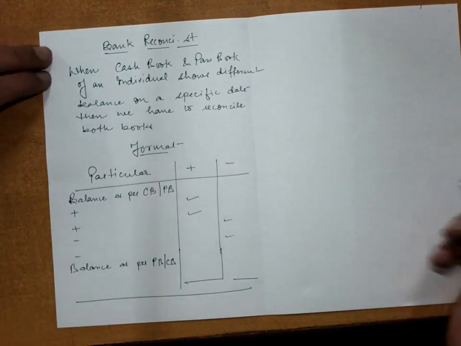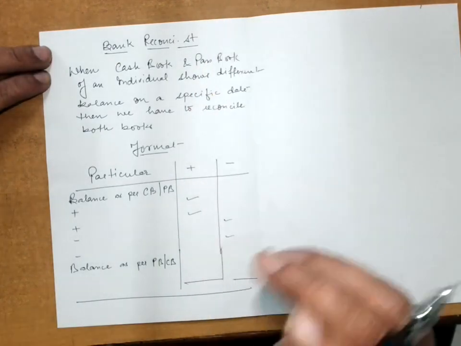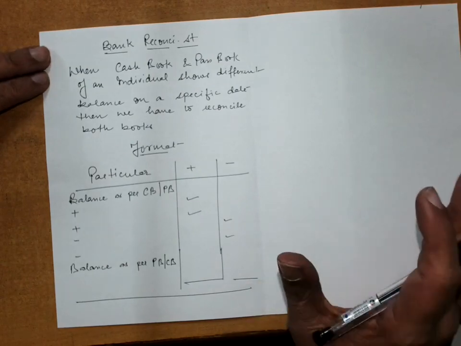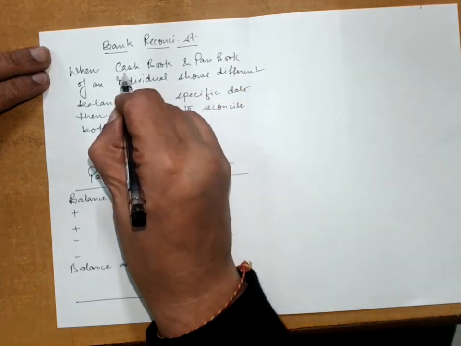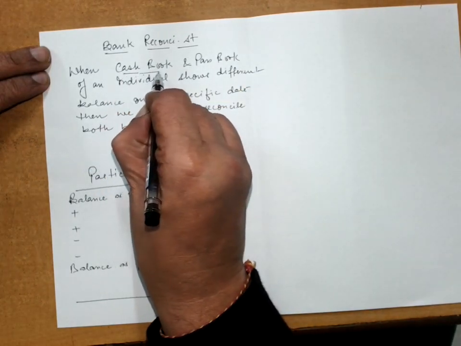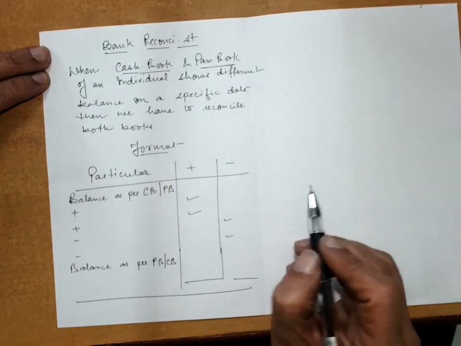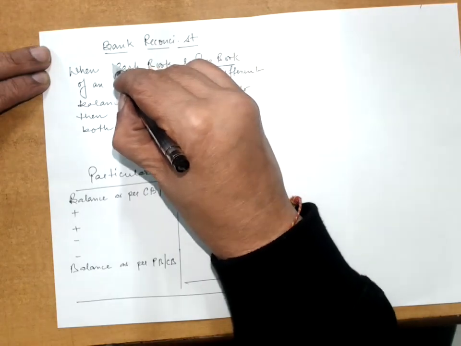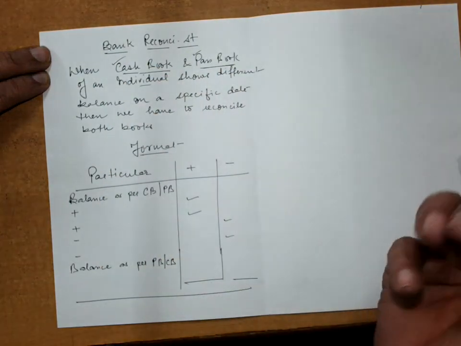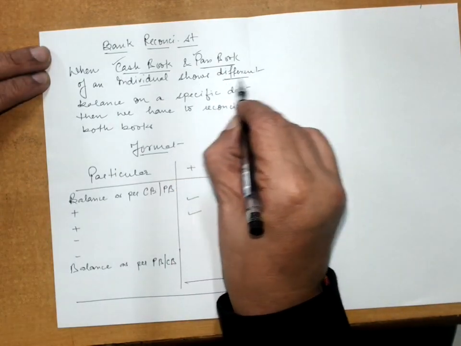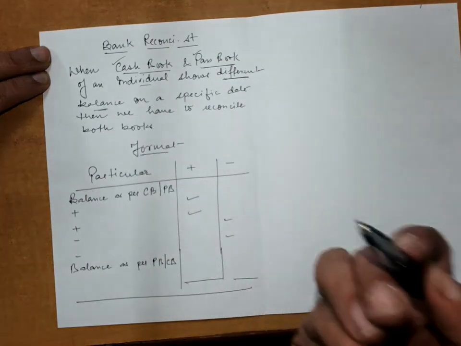Hi students. So I'm just going to take a topic of bank reconciliation statement. We have to focus that when cash book and passbook... Remember, cash book is prepared by person himself and passbook is maintained by bank. So when cash book and passbook of an individual or some company shows different balance, say cash book showing 10,000, passbook showing 12,000.